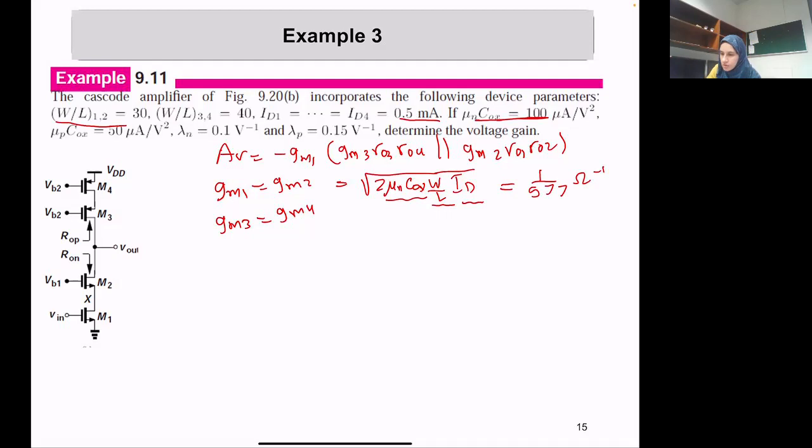Similarly, we can find Gm3 using mu p COX, 2 W over L of transistors 3 and 4, times ID, and this comes out to be 1 over 707 ohm inverse. So we have calculated Gm1 and Gm3.